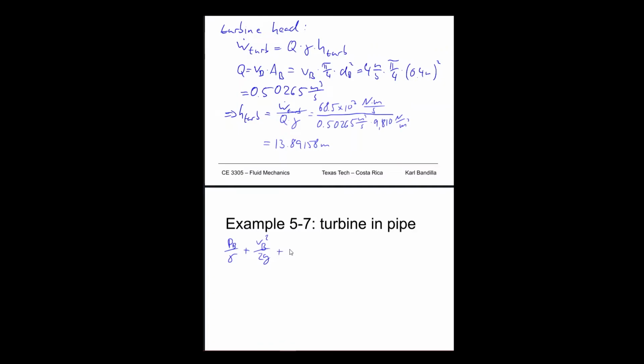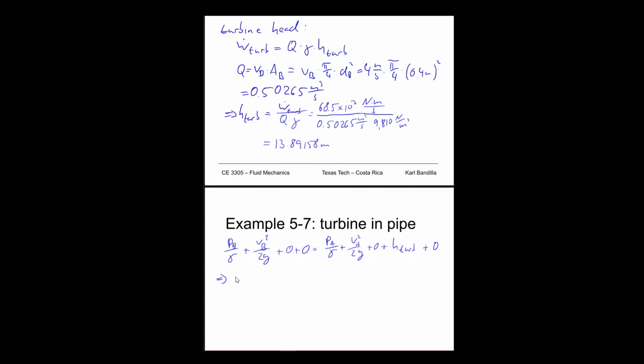Then we said that our elevation is 0 and our pump is 0. And that is then PA, which we're looking for, over gamma, plus VA, which we calculated. And then plus 0 for the elevation, plus our H turb, which we just calculated, plus 0 for the head loss. And now we need to solve that for PA.